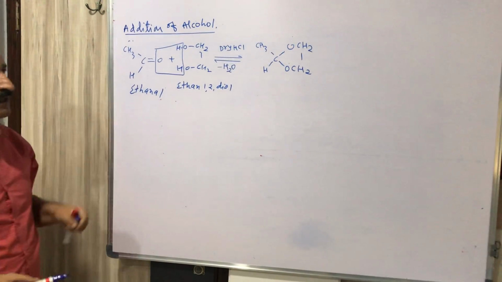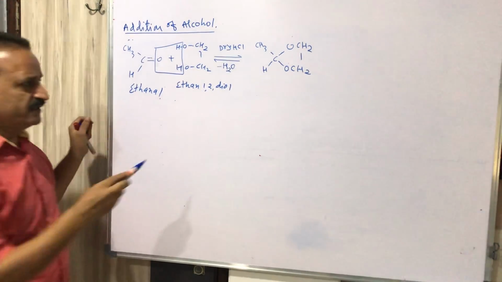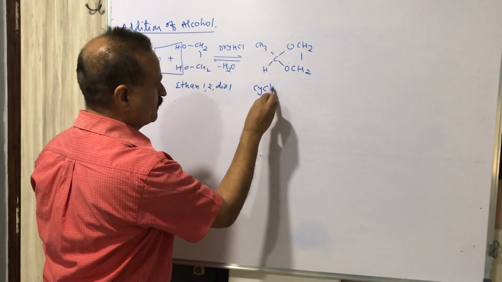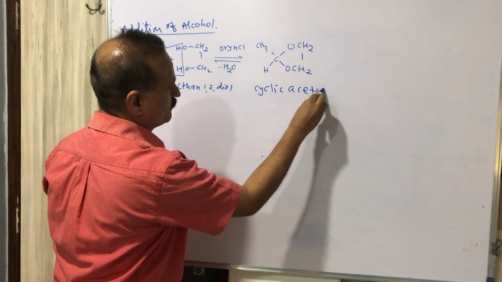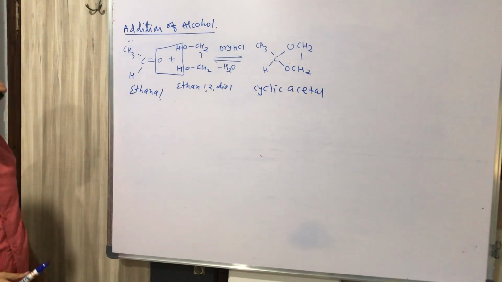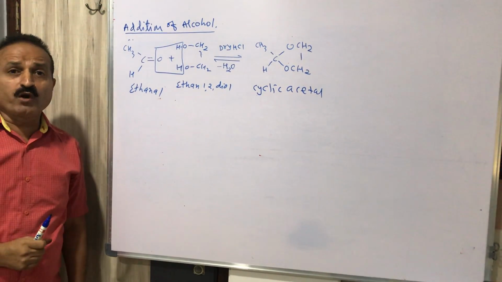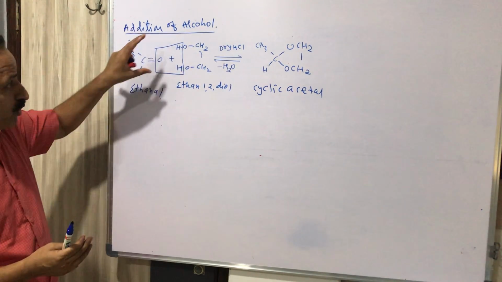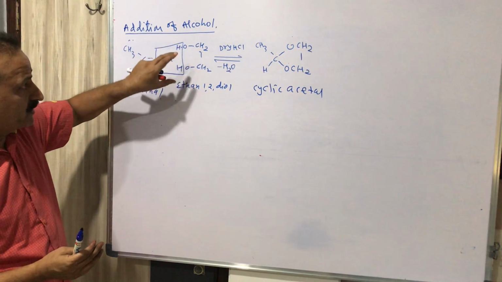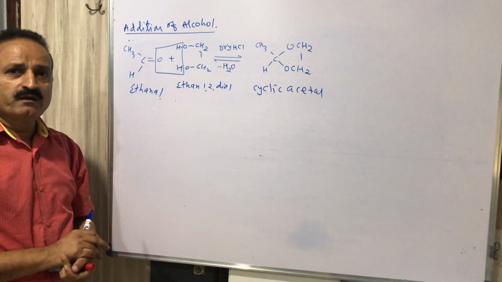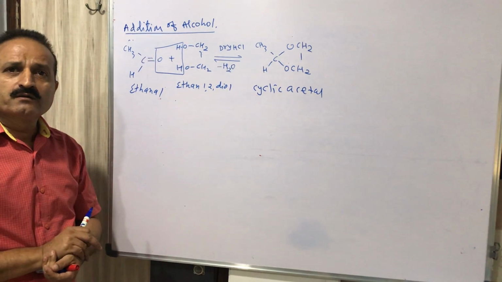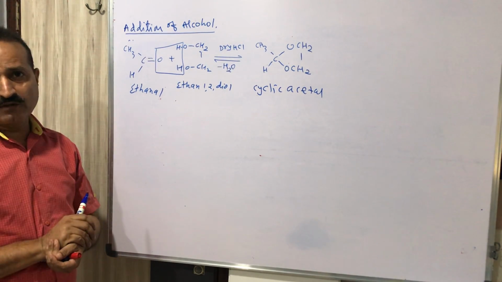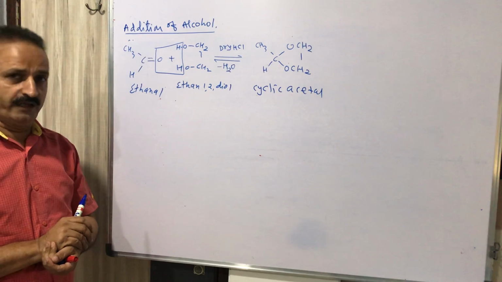This is a cyclic acetal. So we haven't taken two molecules of separate alcohol, but two hydroxy groups present in ethane-1,2-diol, and we get a one-step product, but in cyclic form.